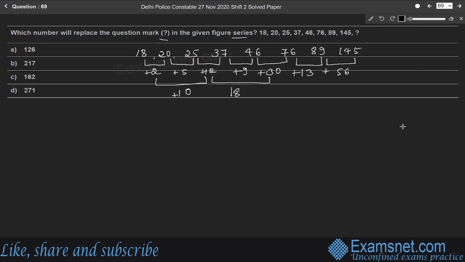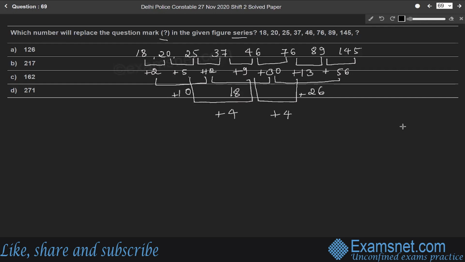And the difference between 30 and 56 is 26, right? Now the difference between the second and fourth difference, 5 and 9, is 4. Whereas between 9 and 13, 4 is the difference, right?